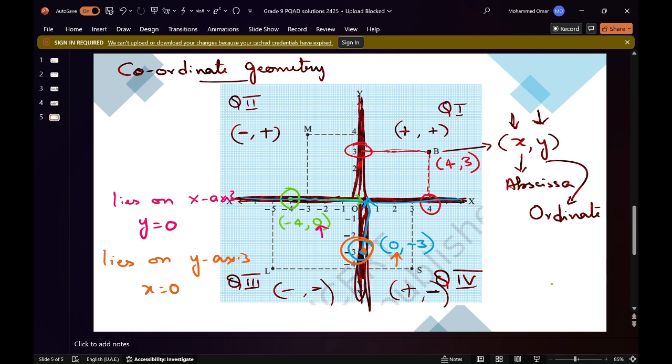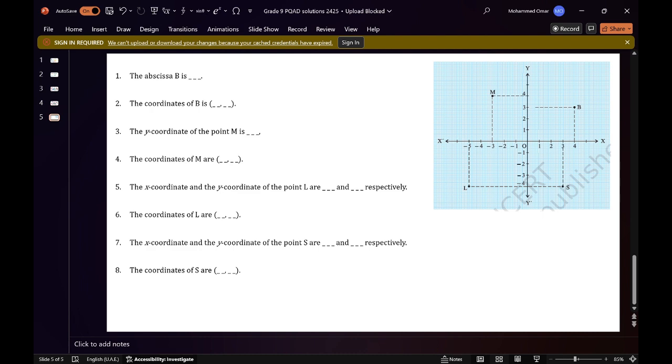So now let us do the problem. Before finding the abscissa of B, let us find out the points of the given B, M, L, S. What is B? When you drop a perpendicular line, it is 4, and when you drop the other, it is 3.